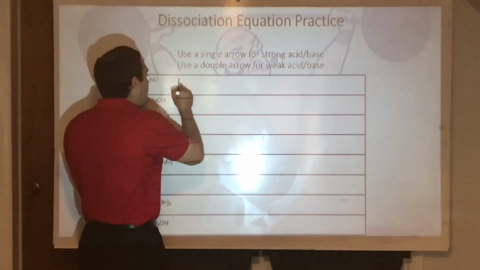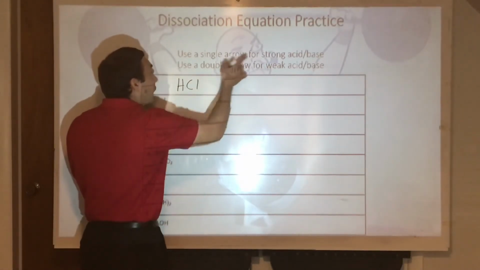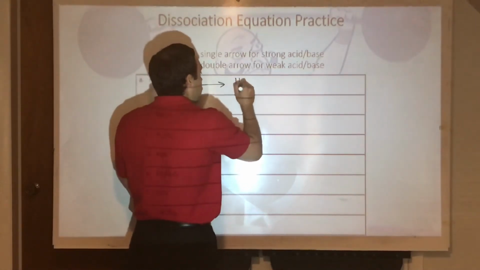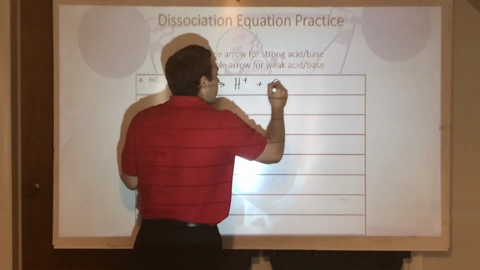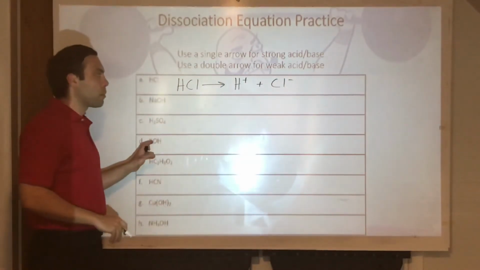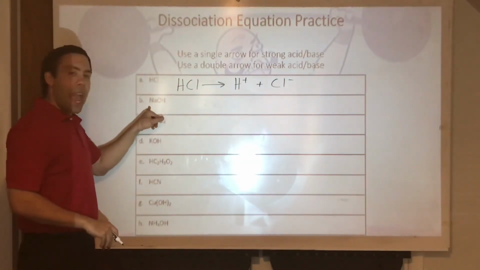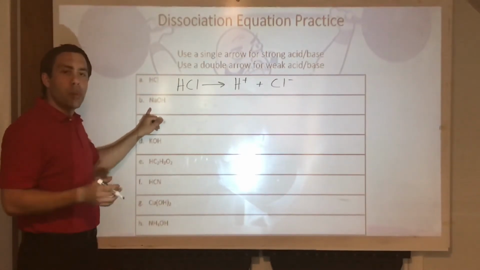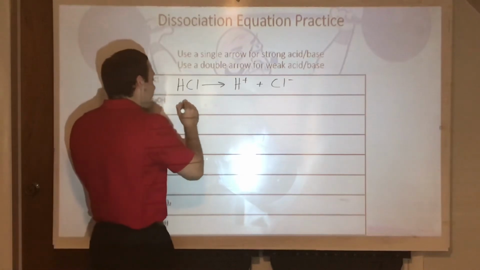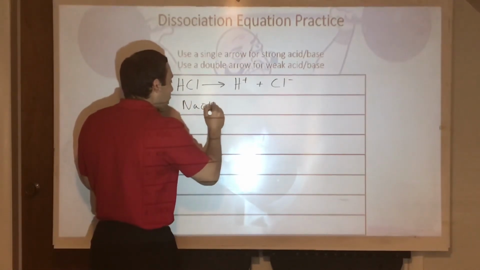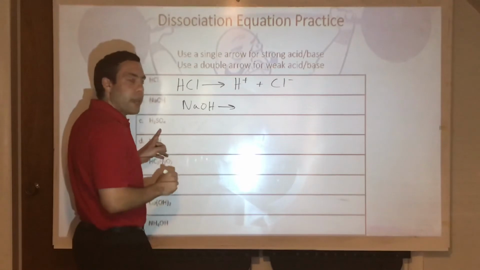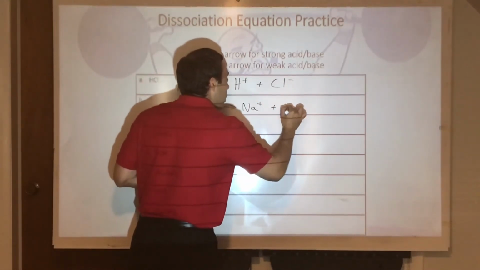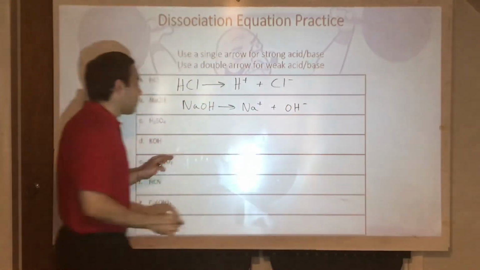So we have HCl, a single arrow, since it's a strong acid, goes to H plus and Cl minus. NaOH is a strong base, so it will also dissociate completely. So we have NaOH, single arrow because it's a strong base, goes to Na plus and OH minus.